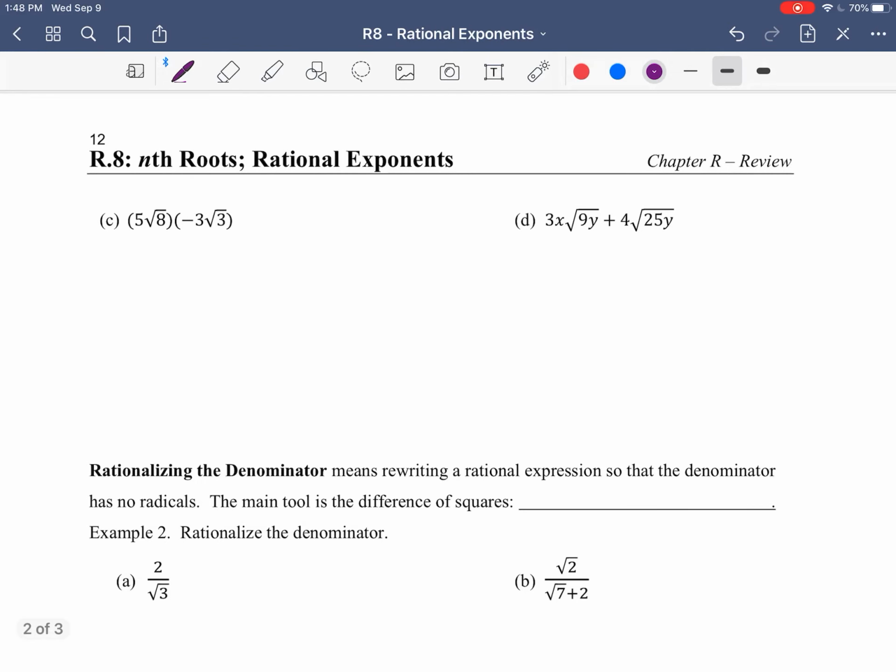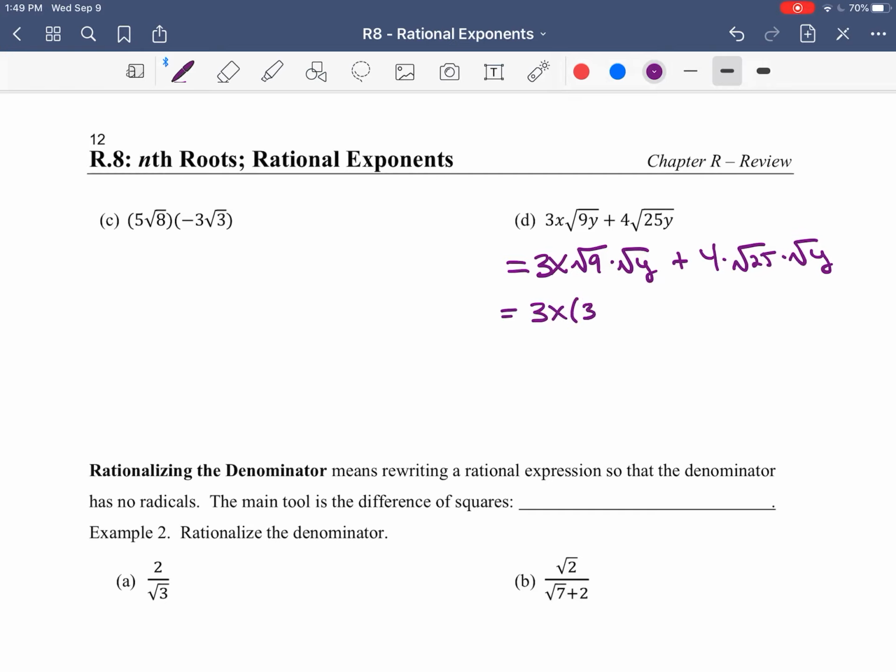Another way we can simplify, so I'm going to skip part C and do part D instead to be different. So I want to simplify. So I'm going to break everything down like we just did. So I have 3x times square root of 9 times square root of y plus 4 times square root of 25 times square root of y. The reason I'm breaking it down is because the numbers inside are actually nice squares.